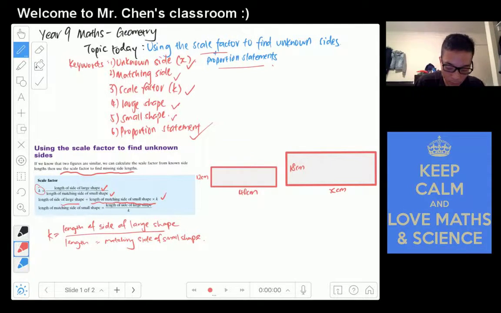How do I get to this one? It's actually quite simple. We are trying to find the unknown.